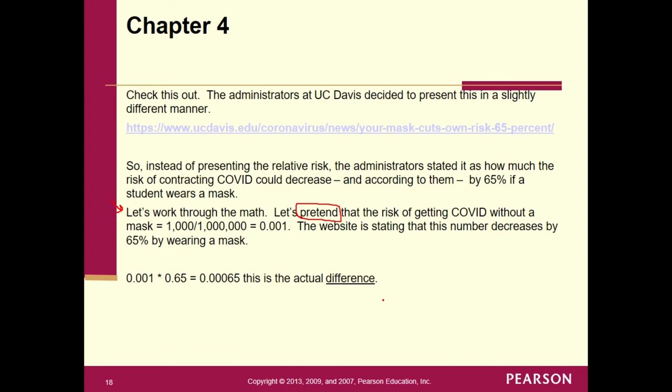What does that mean? Well, you take the 0.001, multiply it by 0.65, and you get this new number here. This is the actual difference. So what they're saying is that without a mask, your chances of getting COVID goes down by 65%.